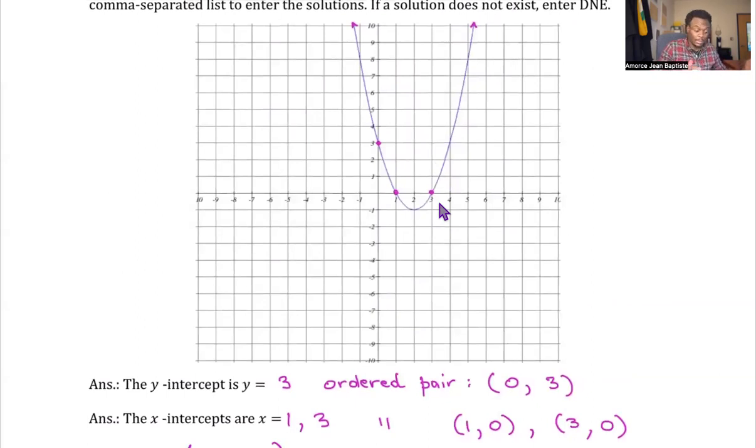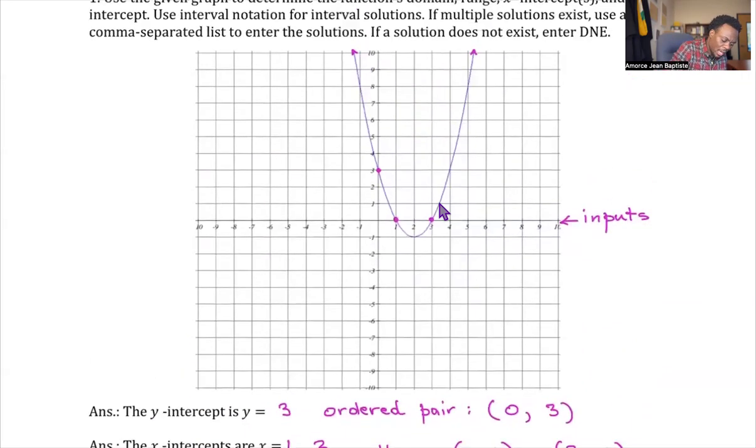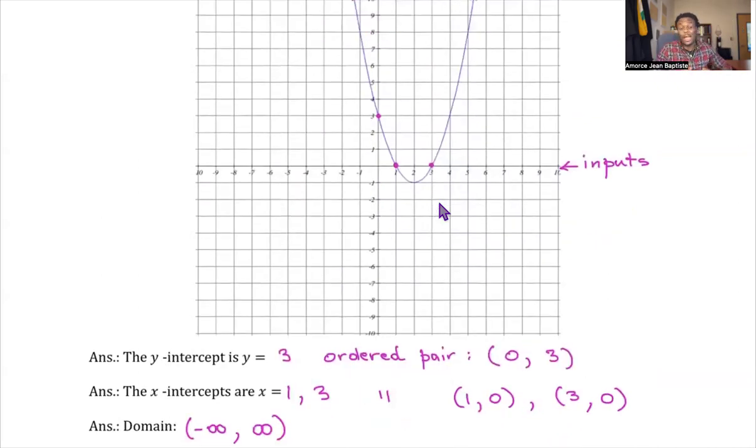We need to remember here the x values are the inputs, and the y values are the output. So the y values that are lower than -1 will not have an input for them, so they're not in the range.